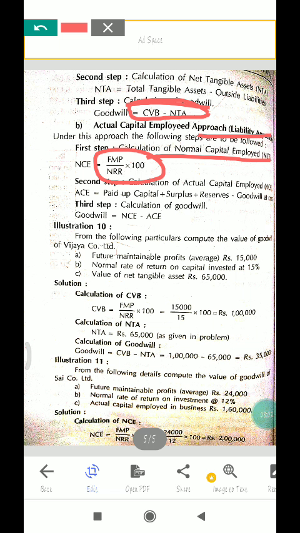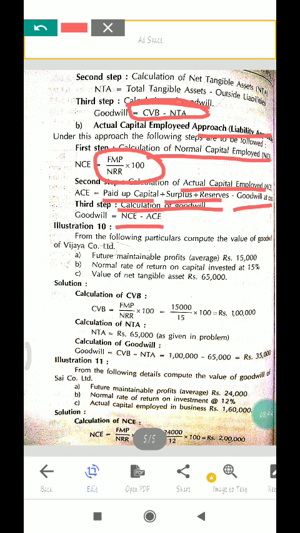The second step is calculation of actual capital employed. Actual capital employed is equal to paid up capital plus surplus plus reserves minus goodwill at cost. It is the total of paid up capital, surplus and reserves, from which goodwill is deducted. The third step is calculation of goodwill. Goodwill is equal to NCE minus ACE.